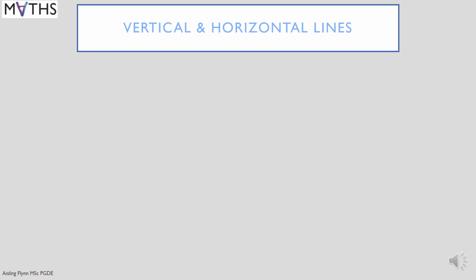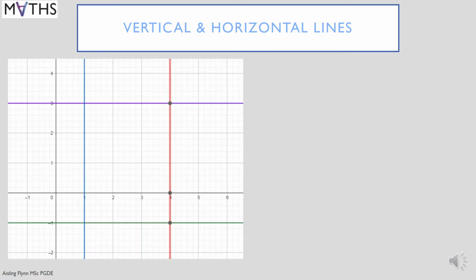Now, let's stick with straight lines for now, but here we're going to look at vertical and horizontal lines. So here's my graph. We have 4 different colored lines here. Let's first look at the horizontal lines. The first horizontal line has an equation y equals 3. So which one is that? Let's look at the y-axis, which is here.